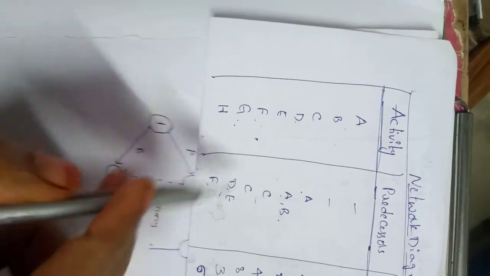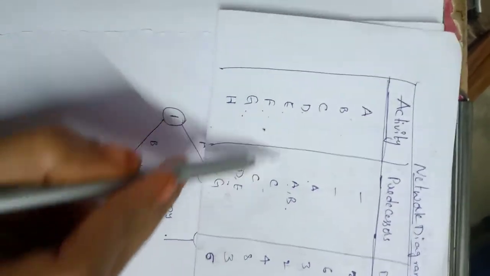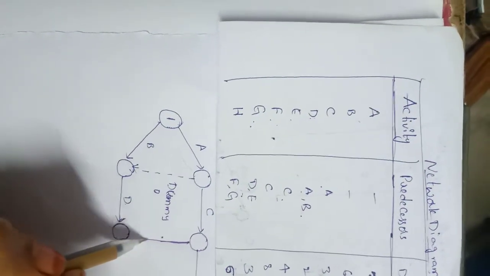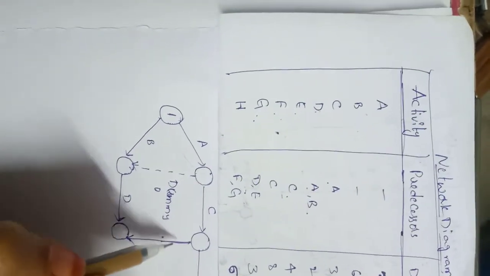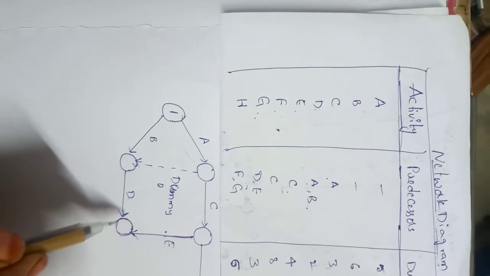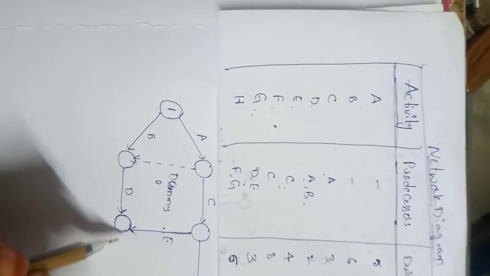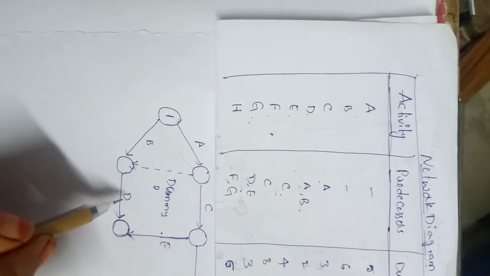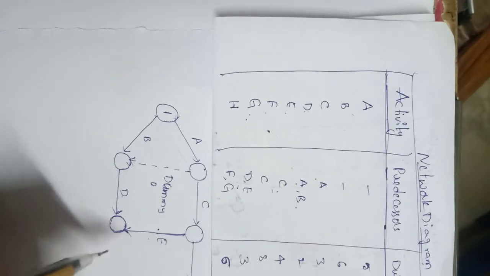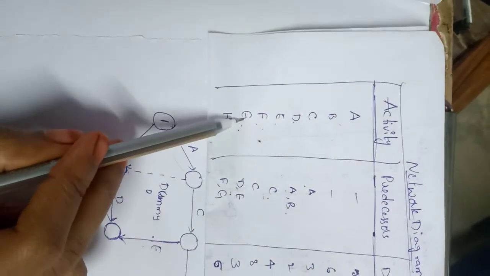E comes from activity C, right? So from this node, I'll connect activity E to the node joining activity D. Now we have D and E as predecessors for this node. From here, I can draw activity G.